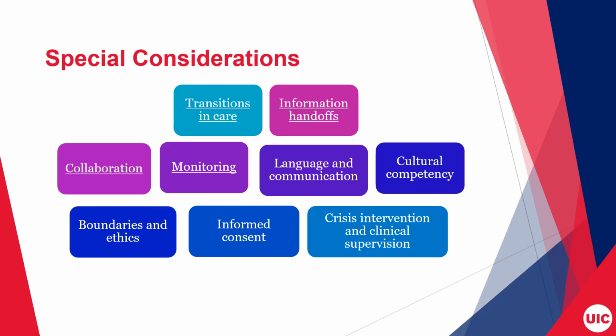There are several additional considerations with regards to care management that must be considered in the context of the comprehensive program. Firstly, information handoffs. In many agencies, class members work with different staff or teams at different stages in the process. Every time a new staff person takes over the class member's care, there is the potential for valuable information to be lost.